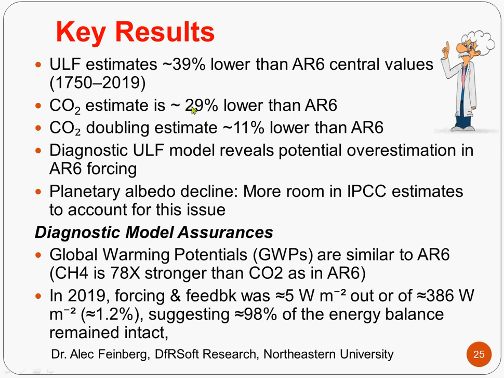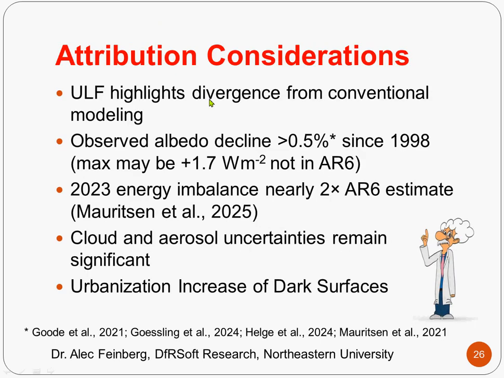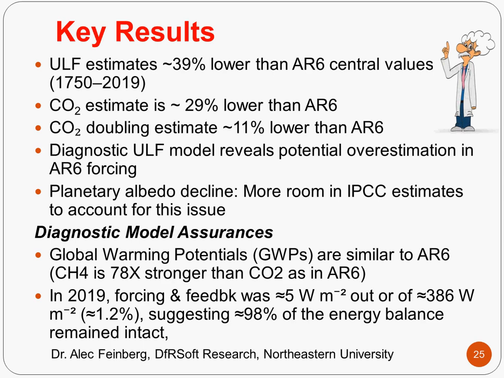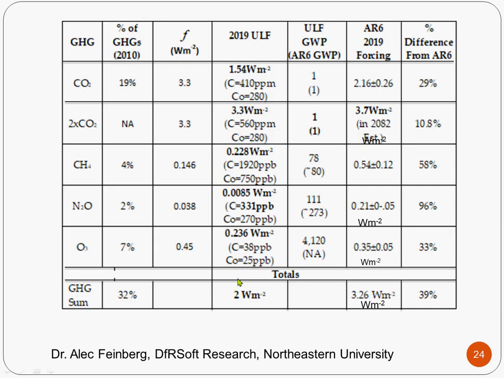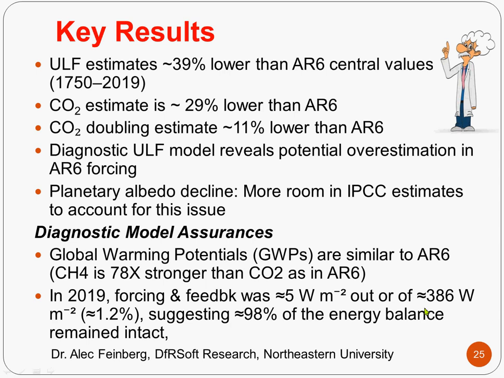So again, we had the 39% discrepancy overall. I may not have pointed it out in my chart, but the value between the 2 and the 3.26 is a 39% discrepancy overall. And we have some discrepancy with the overestimate for CO2, about 29%, and the doubling factor.